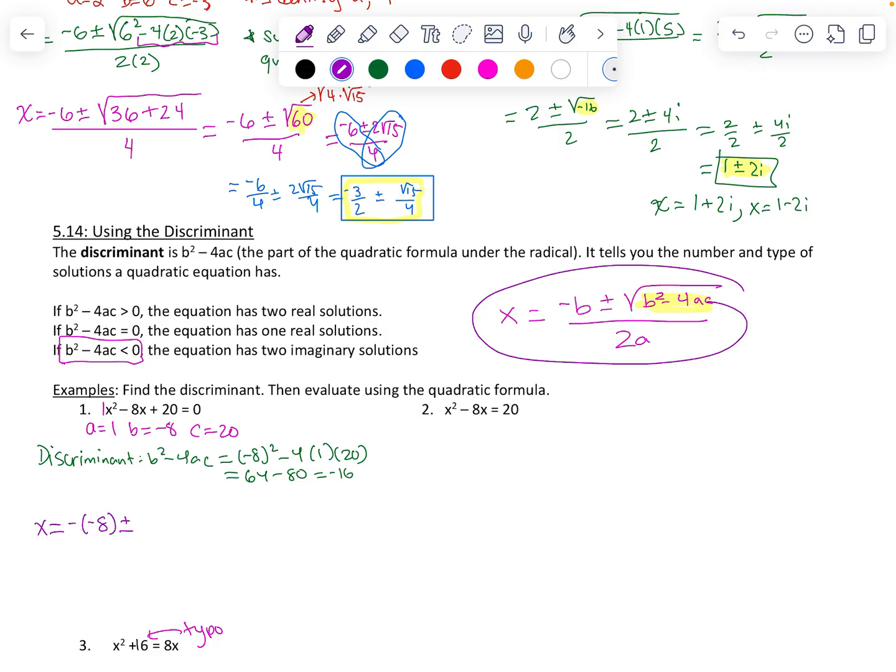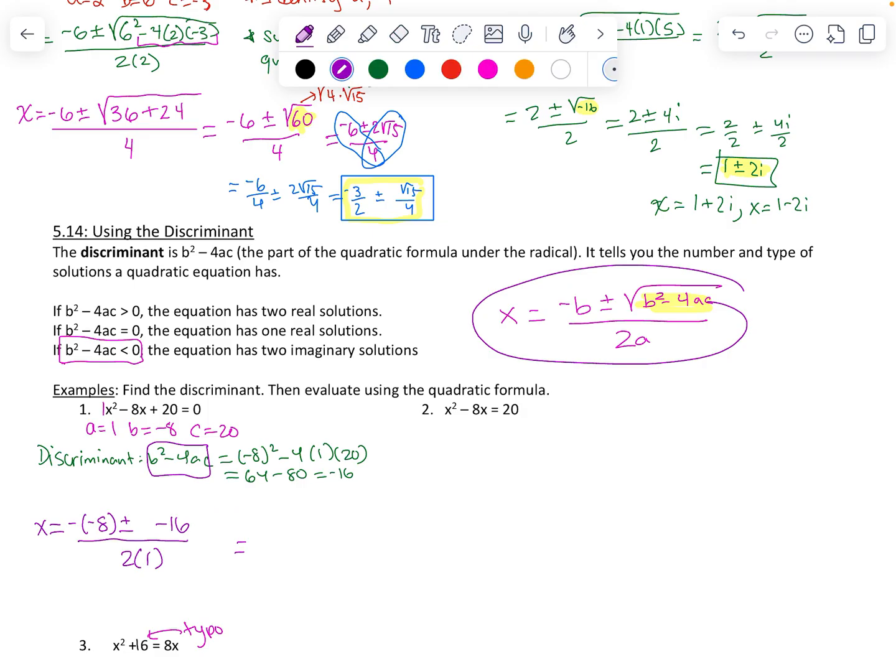And then it's going to be plus or minus the square root of b squared minus 4ac. For this type of problem, I already found the b squared minus 4ac, and it was negative 16. So I'm not going to do extra work. I'm just going to leave it as negative 16 to save myself a little time. This is all over 2 times a, which is 1.